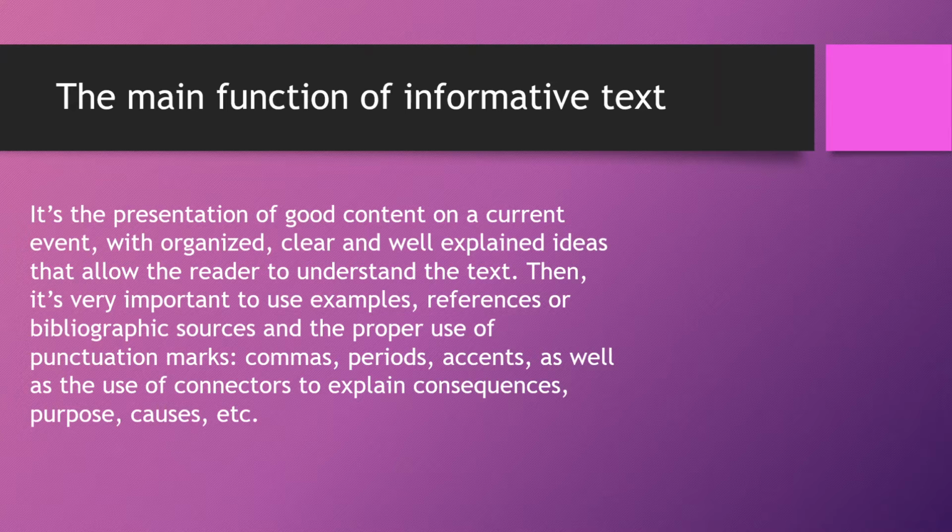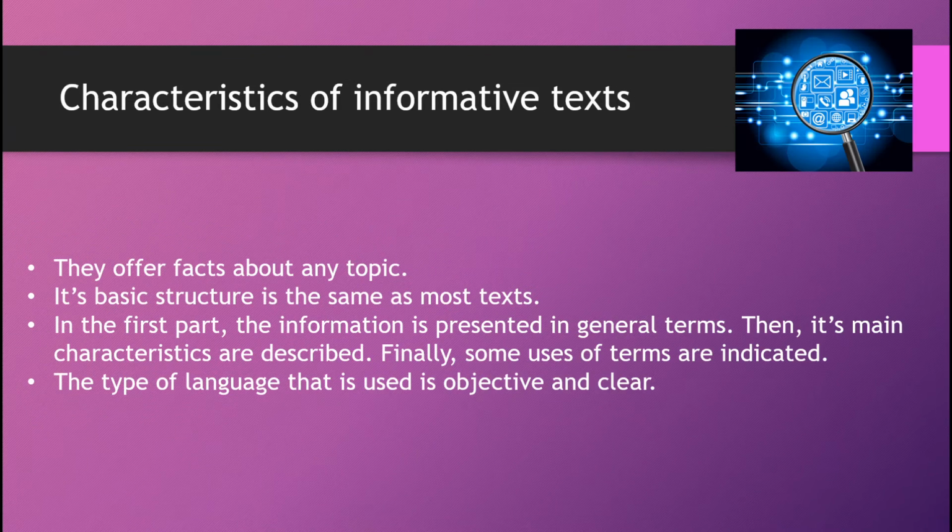It's also important to use a vocabulary related to the theme of the text, using the correct words so that all type of reader can perceive what the author has said, right? Now we have the characteristics of informative text, and these are: they offer facts about any topic.